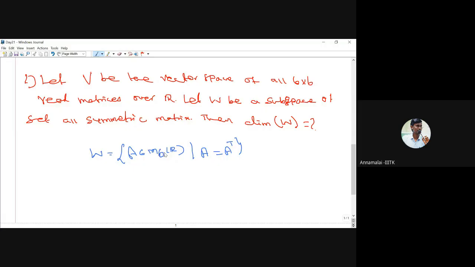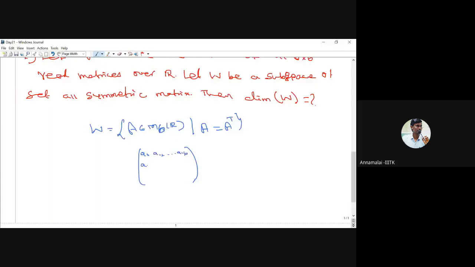Usually we call them A11, A12, etc., A16, and A21, A22, etc., A26, and then the last row A61, A62, etc., A66. Therefore, 6 rows, 6 columns, so totally we have 36 unknowns.